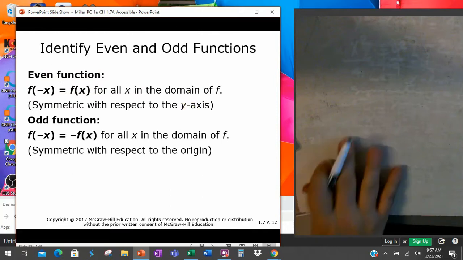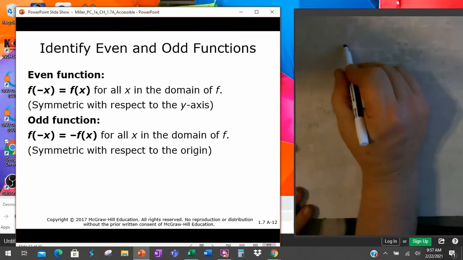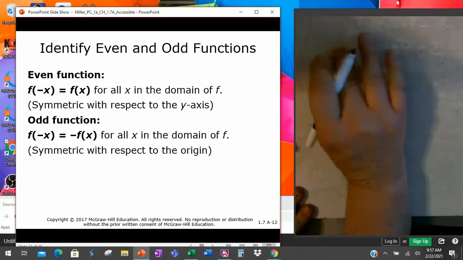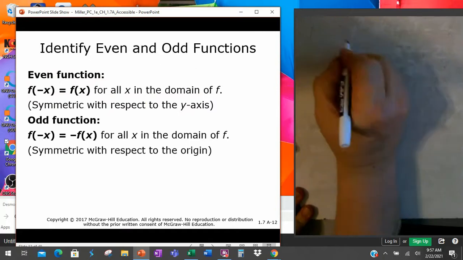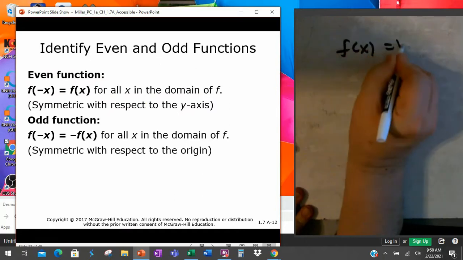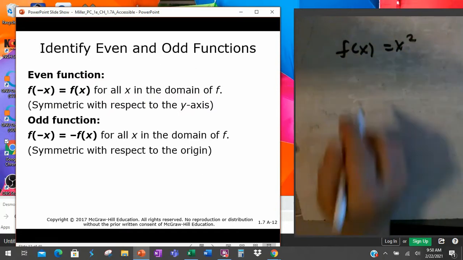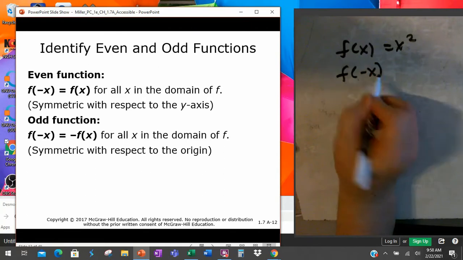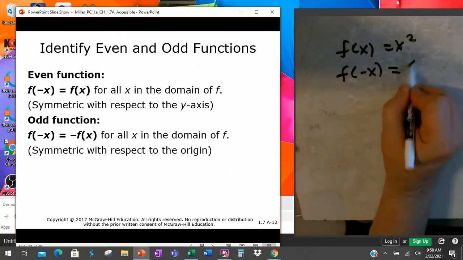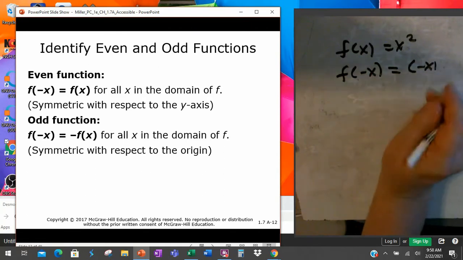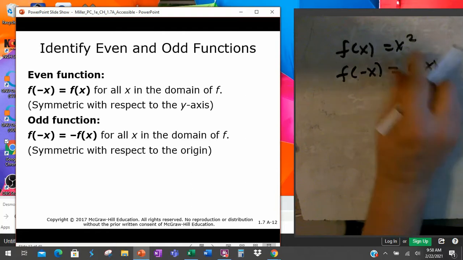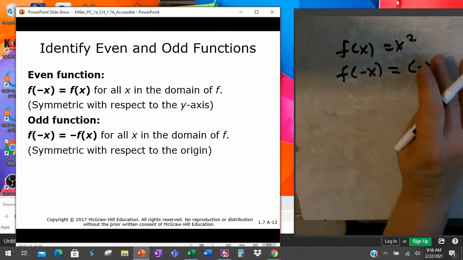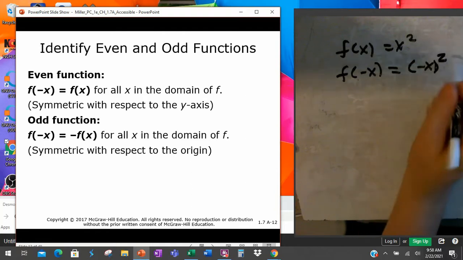So the ones that we have looked at already, let's do this with a real simple one. If I start out with f of x is x squared, and I put a negative x in there, that means wherever I saw the x, I put parentheses instead, and then I square.